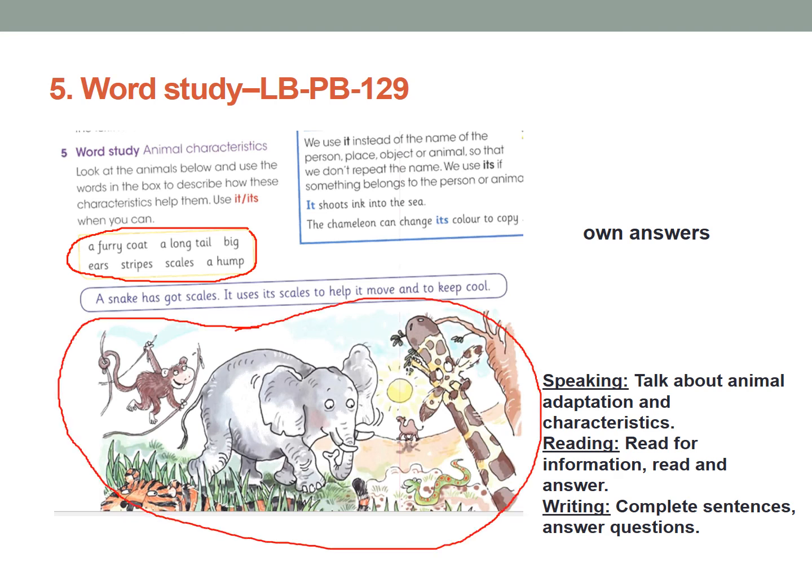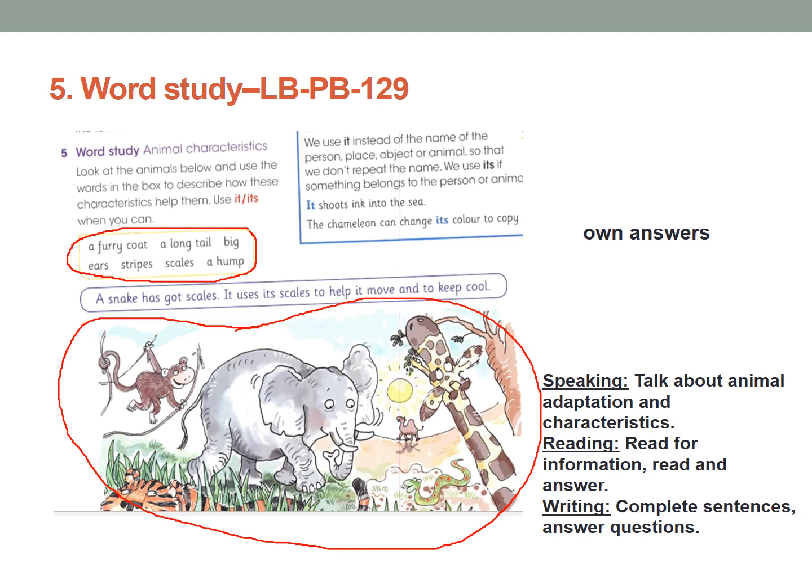Now use these words in the box and describe how these characteristics help them. You need to write about these animals using "it" and "its", using the words from the box. Like one example, number 5: a snake has got scales. It uses its scales to help it move and to keep cool.